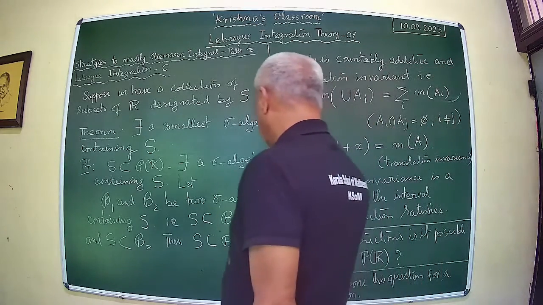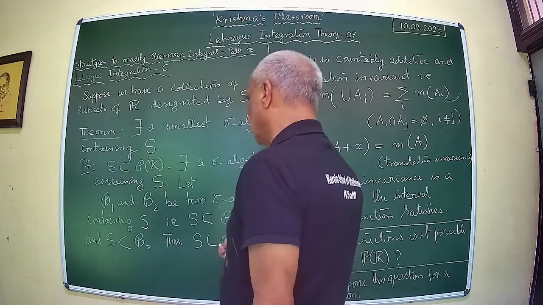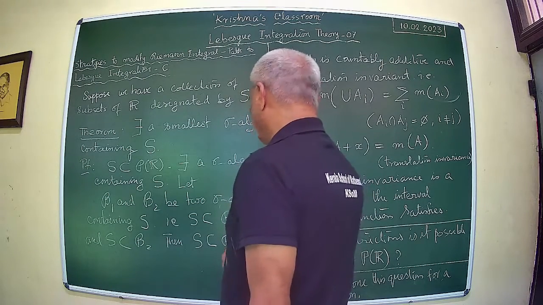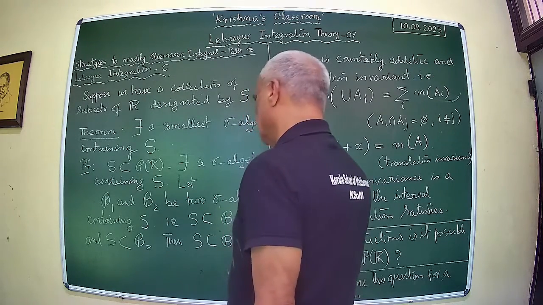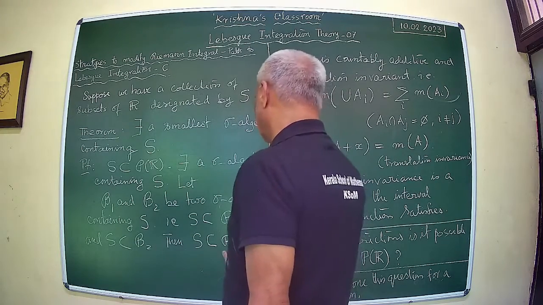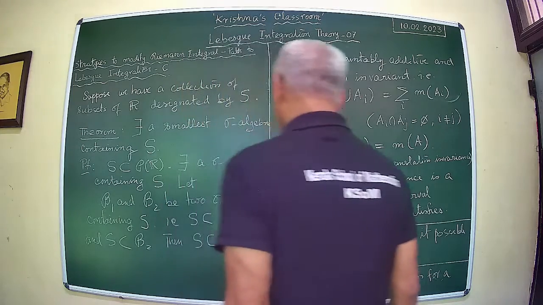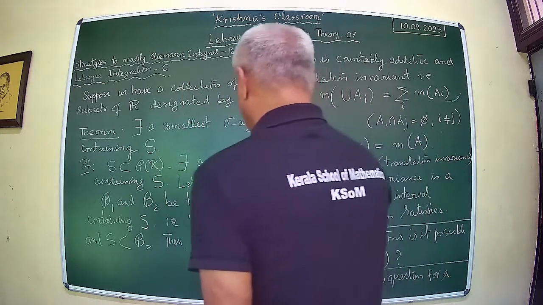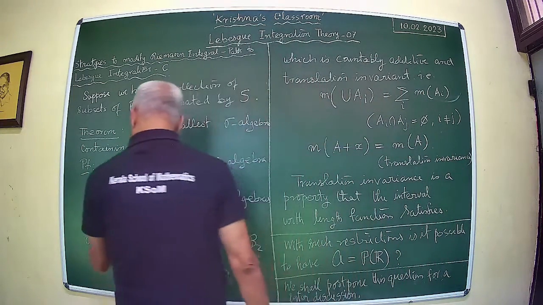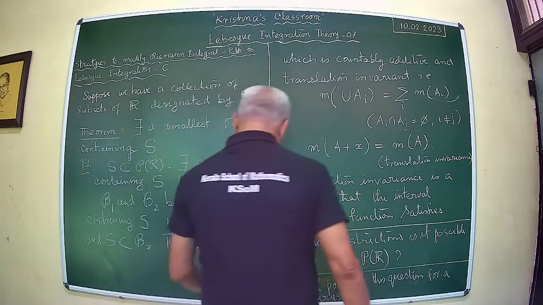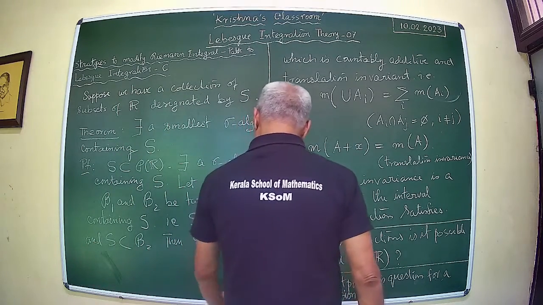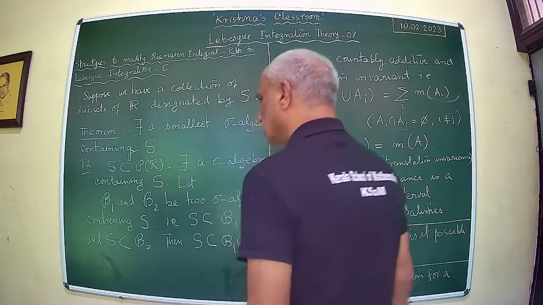Now you have to show that this is a sigma algebra. That is quite easy to prove. B1 is a sigma algebra, B2 is a sigma algebra. Use that to show that B1 intersection B2 is also a sigma algebra. So all the properties required of this are satisfied. For instance, the empty set belongs to both.